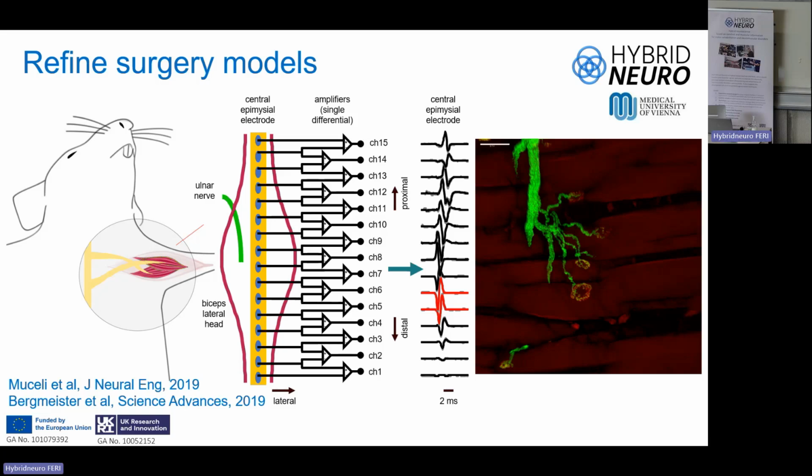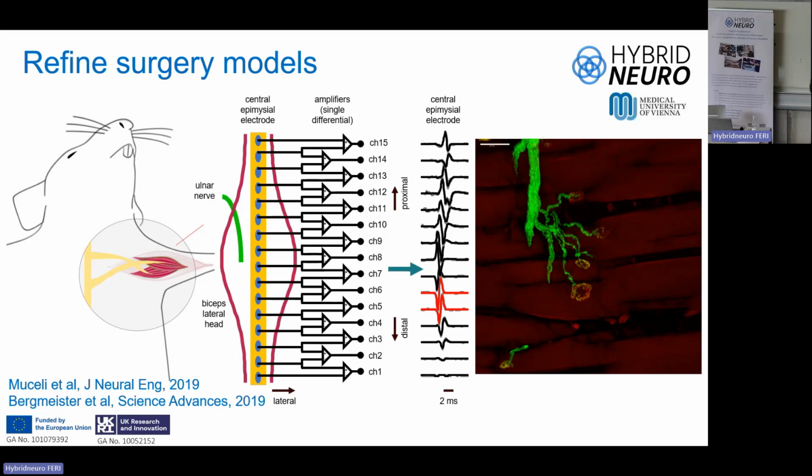The change in polarity is because here you have the innervation zone, the neuromuscular junction. This is where the nerve enters the muscle, and then the signal travels toward one tendon and toward the other tendon. So the change in polarity helps you understand where the nerve enters the muscle.